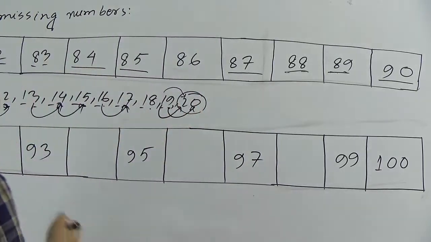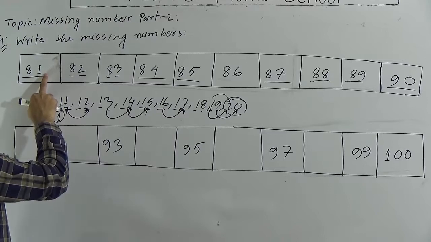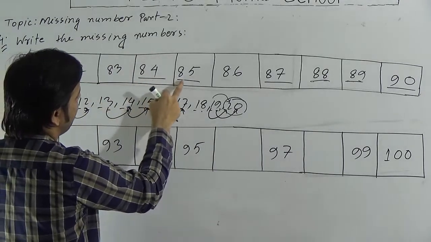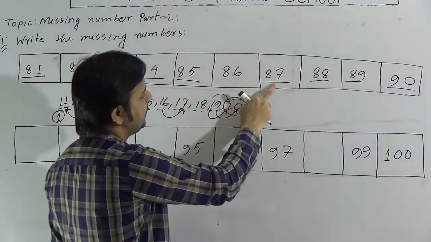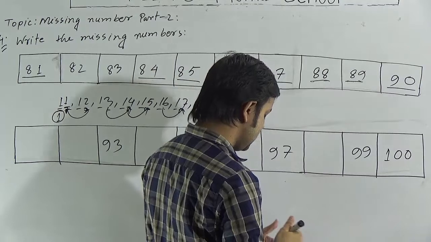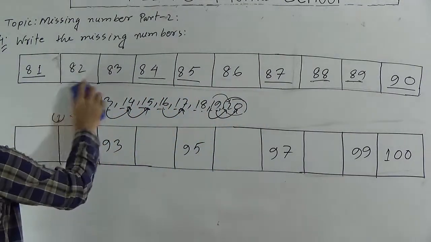Now dear students, observe here: first one is 81, then 82, 83, 84, 85, 86, 87, 88, 89, then 90. Students, you can fill up these blanks in another way also.